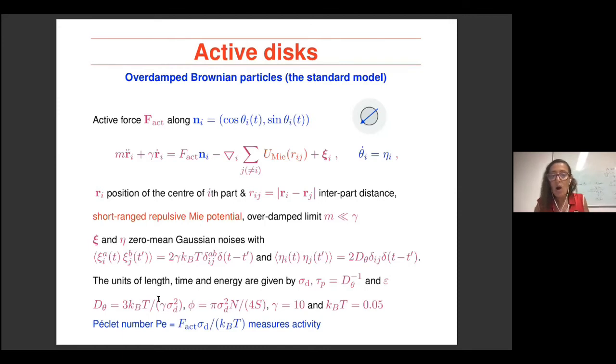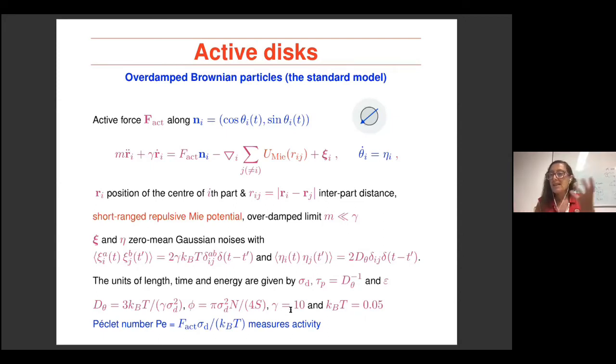So this is one way of modeling it, but you can also take it independent. And this parameter here is basically the inverse of the persistence time, and it gives you an idea of how long these trajectories in a straight direction are before they turn around.